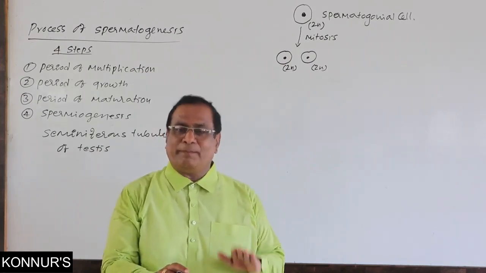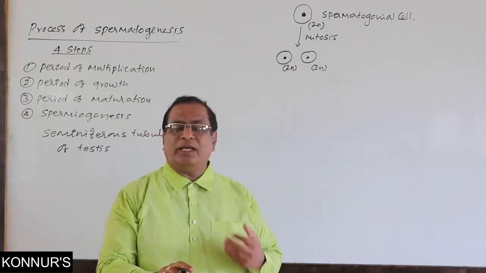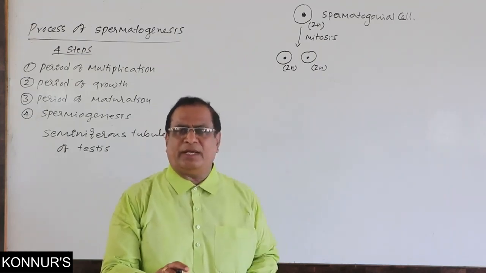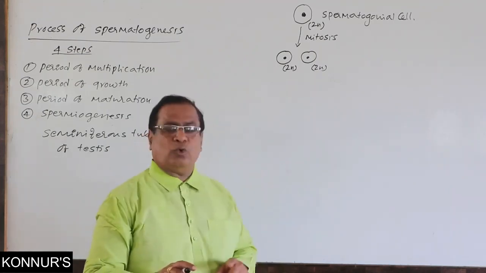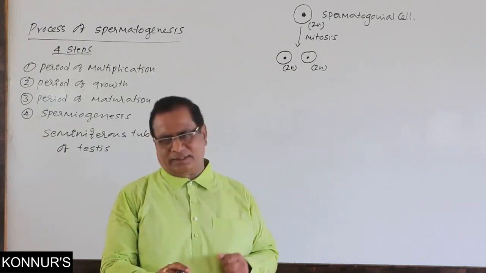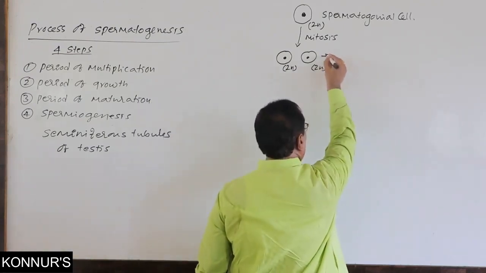That's why we need more spermatogonial cells. So in the period of multiplication, spermatogonial cells undergo mitosis, their number is increased. And these are also spermatogonial cells only.